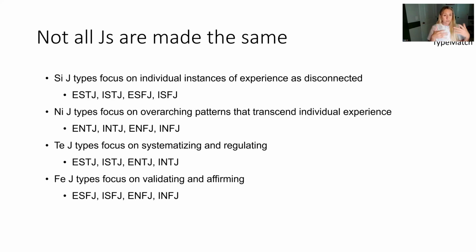So these two functions cannot work in conjunction with each other. TEJ types, that's our TJs, focus on systematizing and regulating, whereas FEJ types, that's our FJs, focus on validating and affirming. And these are two very different processes from each other.